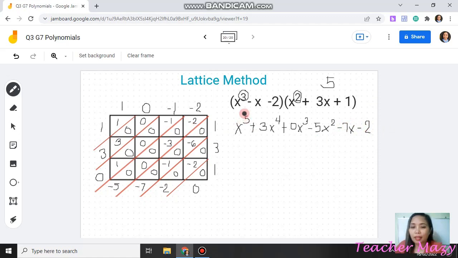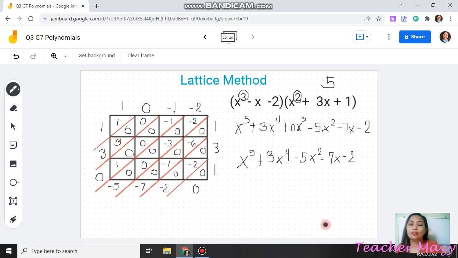Okay, so from the highest degree going down, it is decreasing by 1: 5, 4, 3, 2, 1. Now since x cubed has 0 numerical coefficient, we can drop it or not include it in our expression. Okay, so that is the final answer.